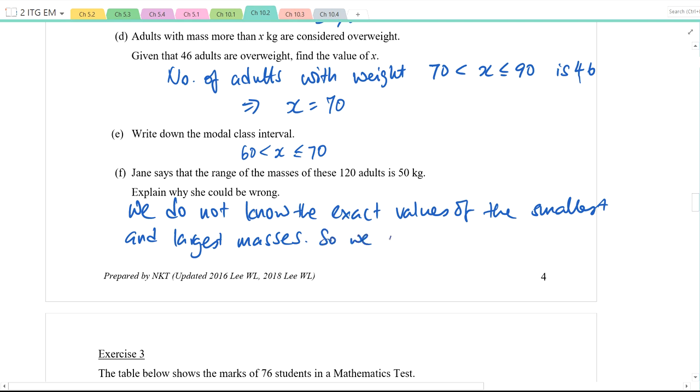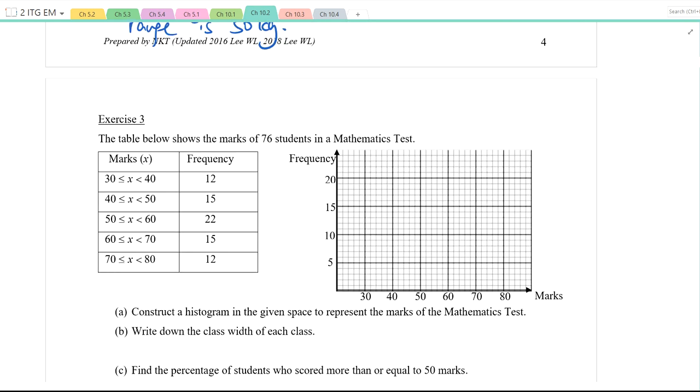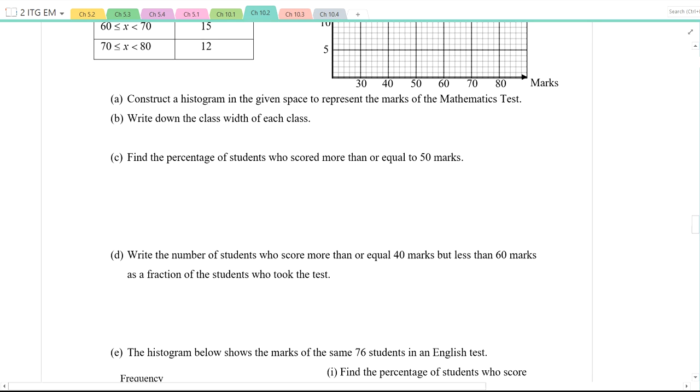So we cannot conclude that the range is 50 kilograms. Now, as part of your homework, I want you to complete exercise 3 by yourself.